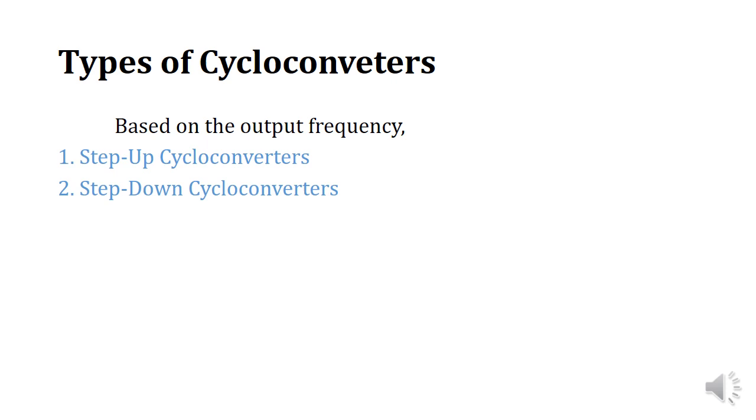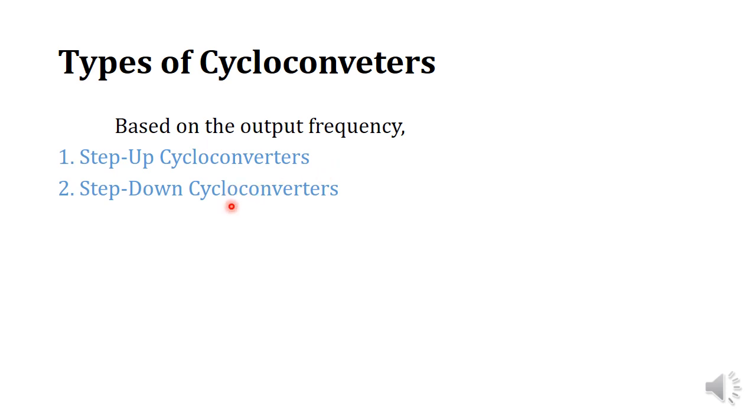Next, we will discuss the different types of cycloconverters. There are different methods to classify the cycloconverters based on the output frequency. They can be classified as step-up cycloconverters and step-down cycloconverters. Step-up cycloconverters means the frequency will be boosted. That means the output frequency will be greater than the input frequency.